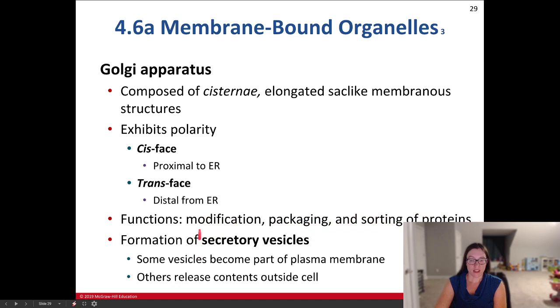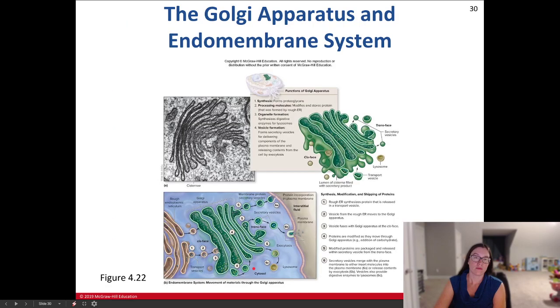Instead of making a transport vesicle that just transports within the cell, the Golgi apparatus makes a secretory vesicle. These vesicles generally become part of the plasma membrane or release their contents outside of the cell, so they merge with the plasma membrane. Here we've got the rough ER. This is the cis face of the Golgi apparatus.